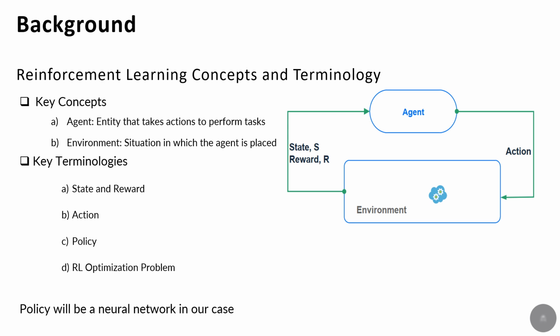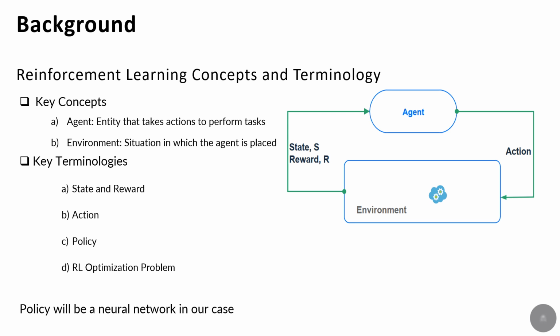So an action is a result of the agent taking a decision. Then we have policies. Policies are what allows the agent to make those decisions that lead into certain actions that have to be taken by the agent.